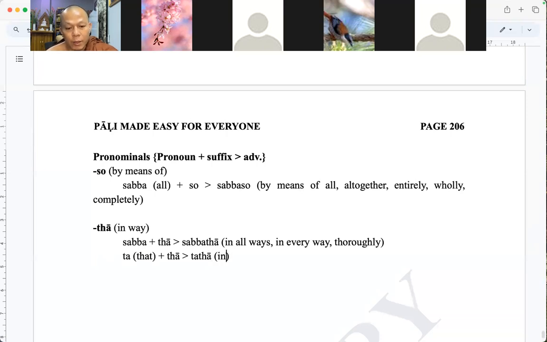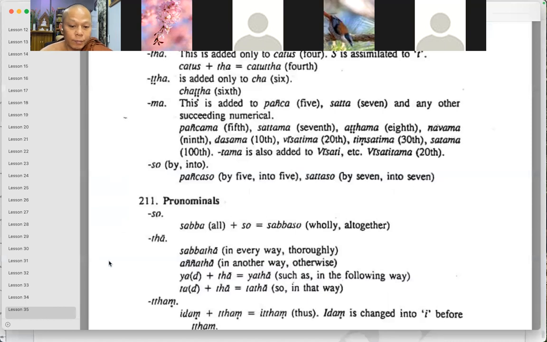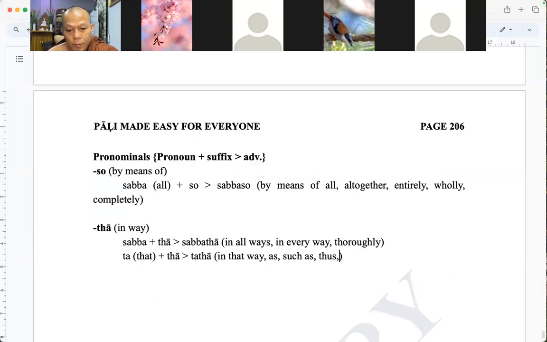So the ta means in that way, or as, or such as. So the ta means so or in that way.